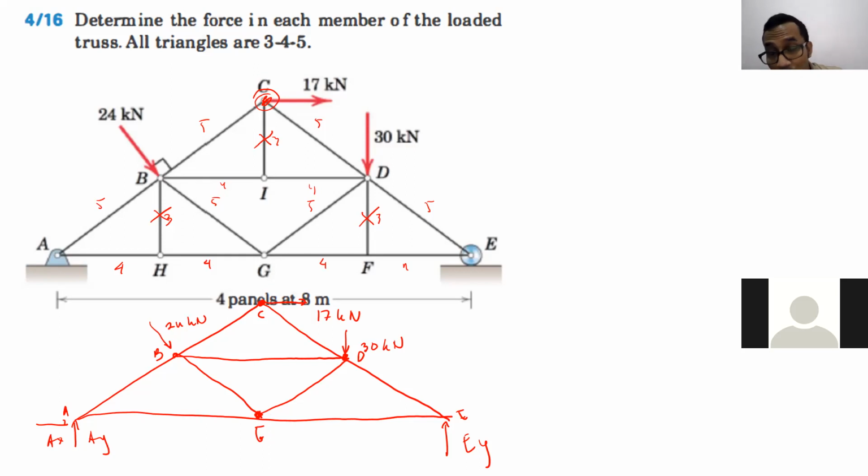So if we calculate the force value in member BD, members BI and DI later will have the same force value as member BD. The same thing will happen for members AH and GH. The force value will be the same as member AG. GF and EF, the force value will be the same as member GE. Anyone want to ask a question here? Nope. Okay, then we'll continue.